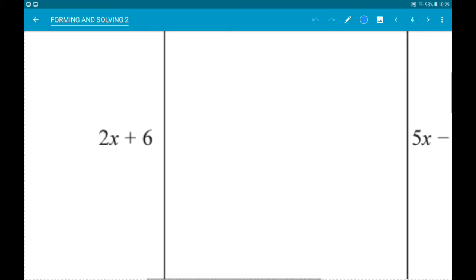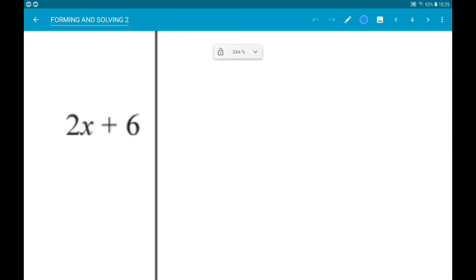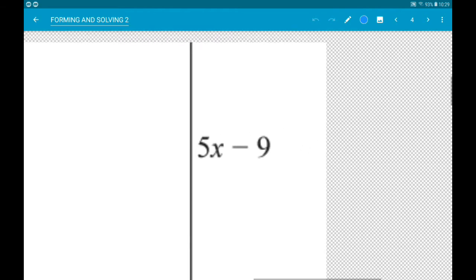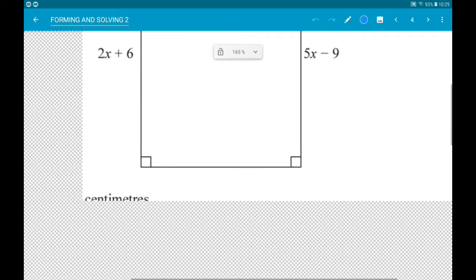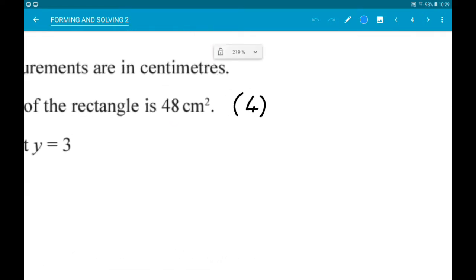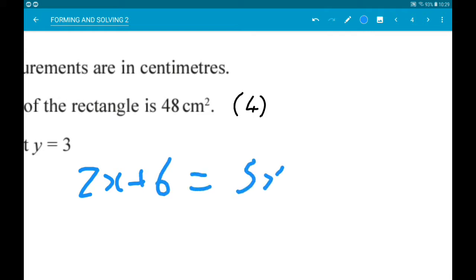So, from that, we know 2x add 6 is equal to 5x minus 9. So, what we can do from that is find the value of x and then find the height of the rectangle.